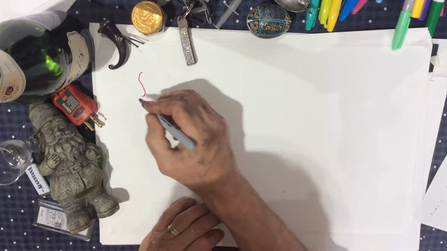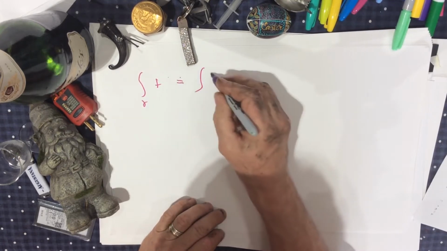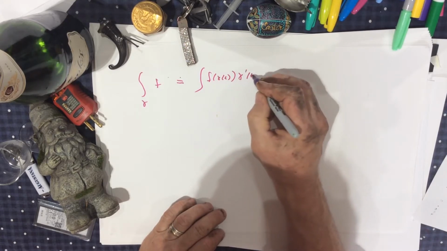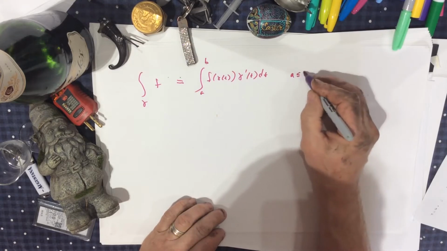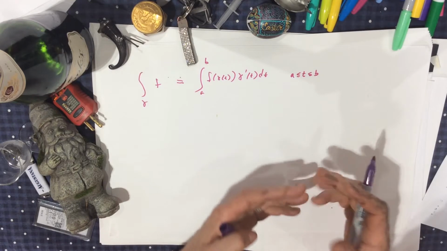We can start with the integral over some path gamma of a function, and basically you parameterize on the path, and you can do it. And it's not necessarily nice.